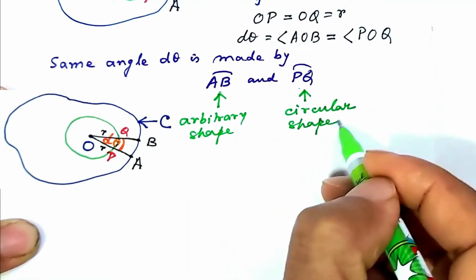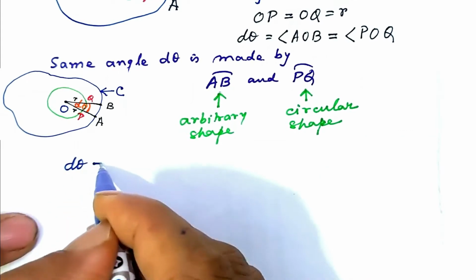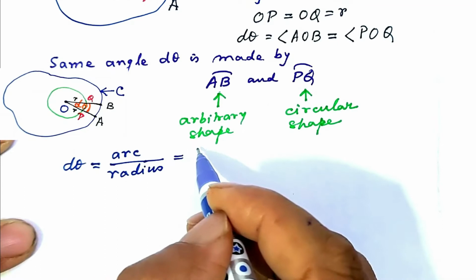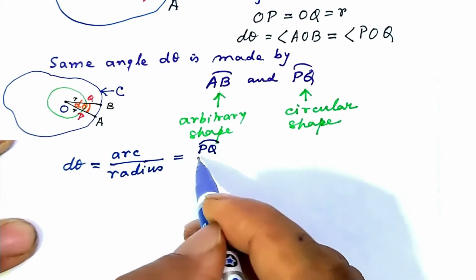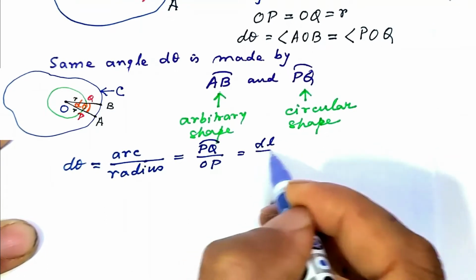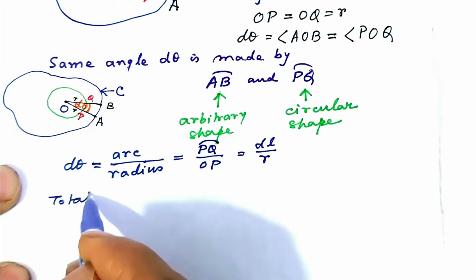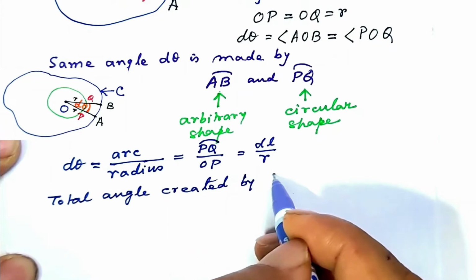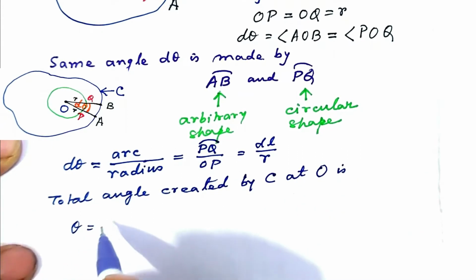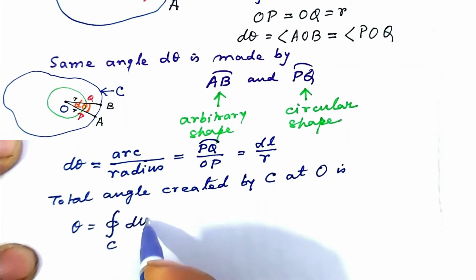Now by definition of an angle, d theta is given by the ratio of arc to radius, that is, it is equal to arc PQ divided by radius OP, which is thus dl divided by r. The total angle created by the closed curve C at O is, say, theta, equal to the closed integration over C of d theta.